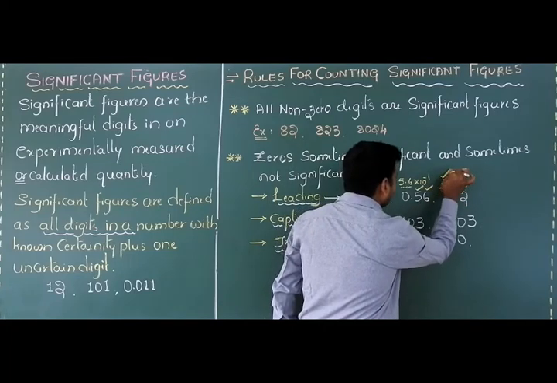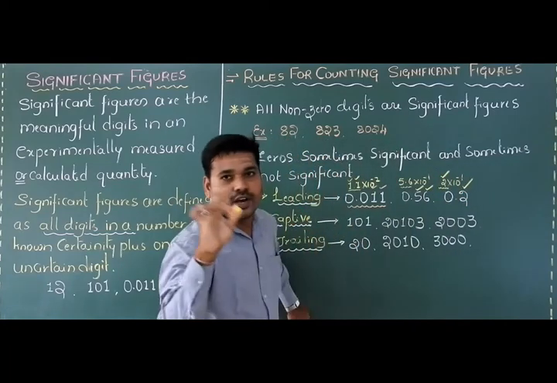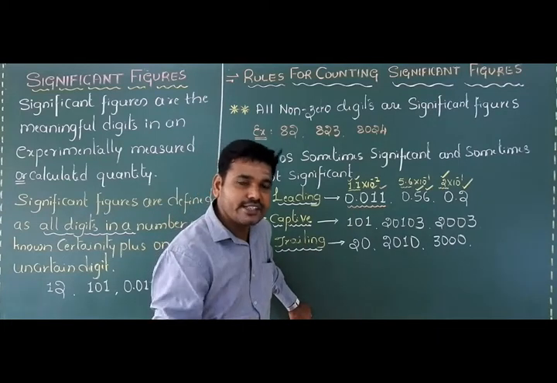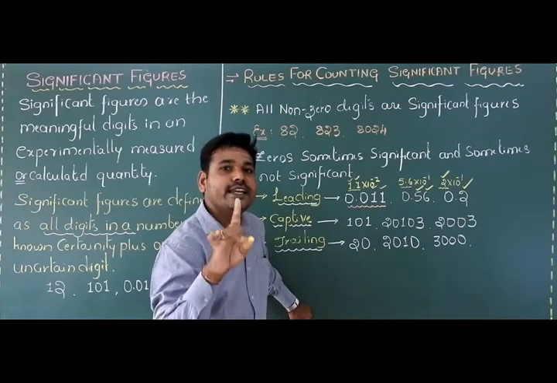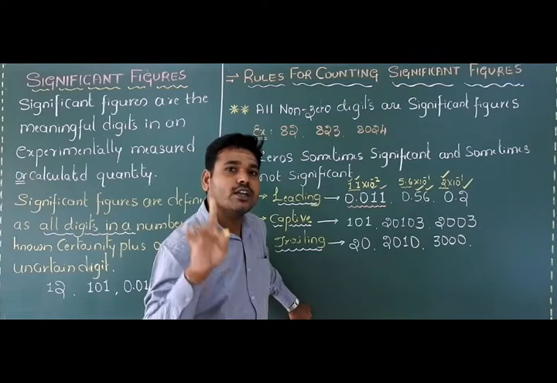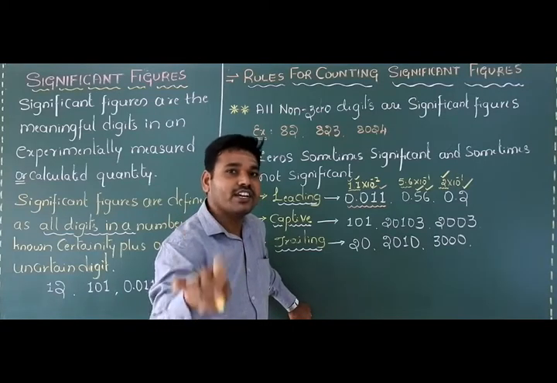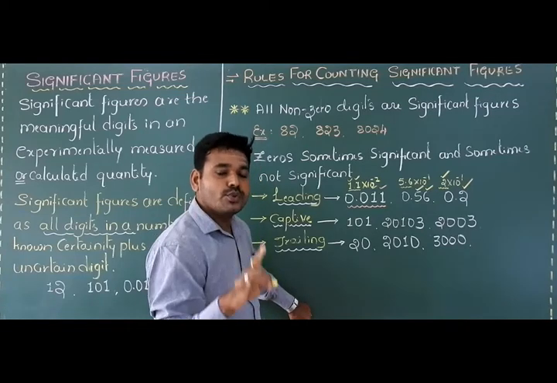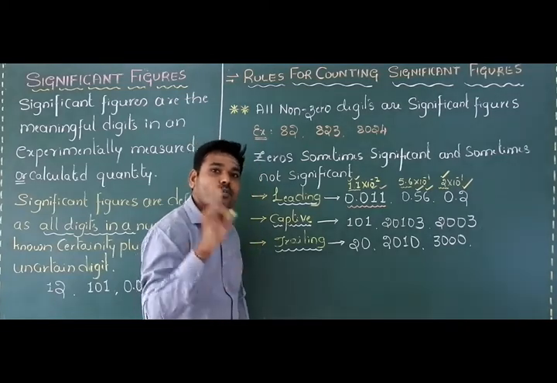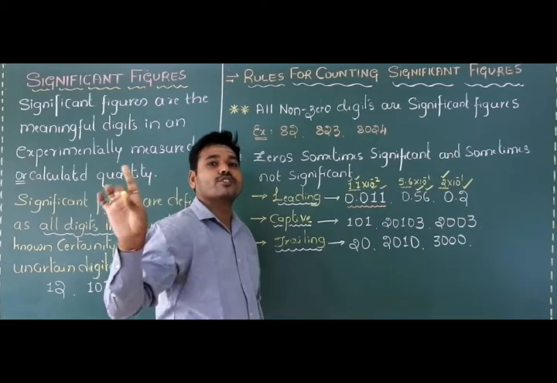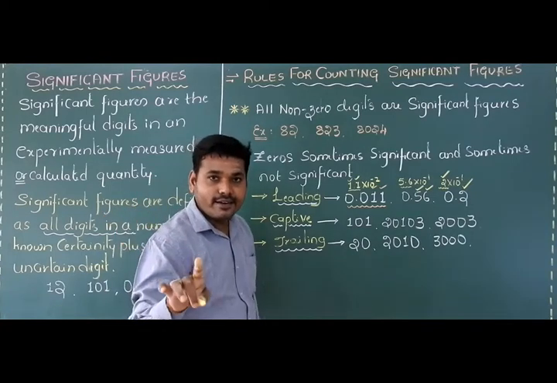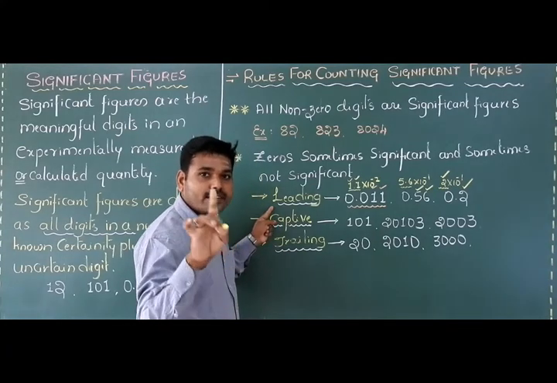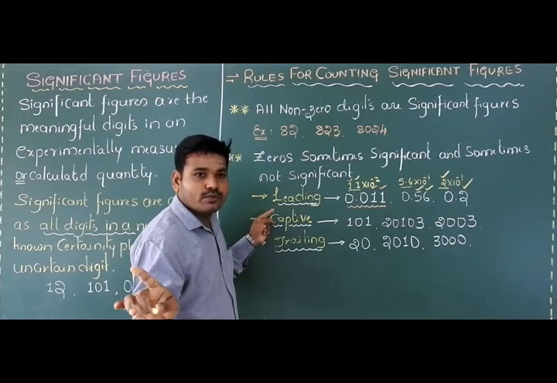Hence the number of significant figures is 1 in this case. And please remember, leading zeros are not at all counted as significant figures, and these leading zeros are always used to locate the decimal point in a given number, students. Is it clear? This is the first important type of zero, called leading zeros.